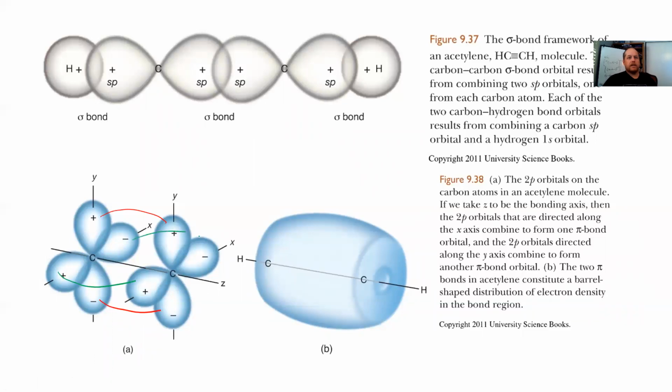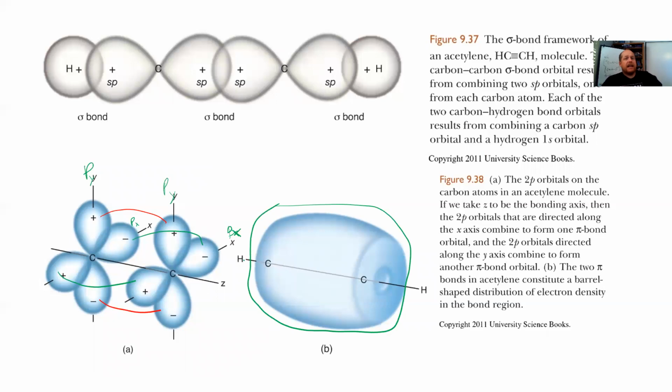So this will be your py and your px from each. Because of how those p orbitals overlap, you almost have this barrel-shaped orbital or electron density going around the bonding axis, forming those pi bonds.